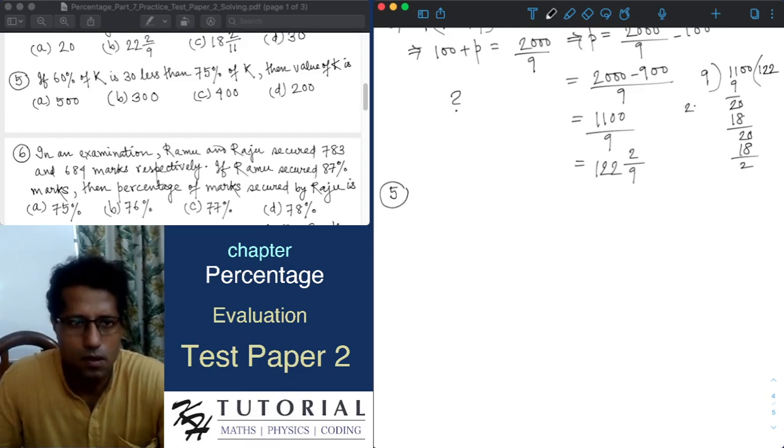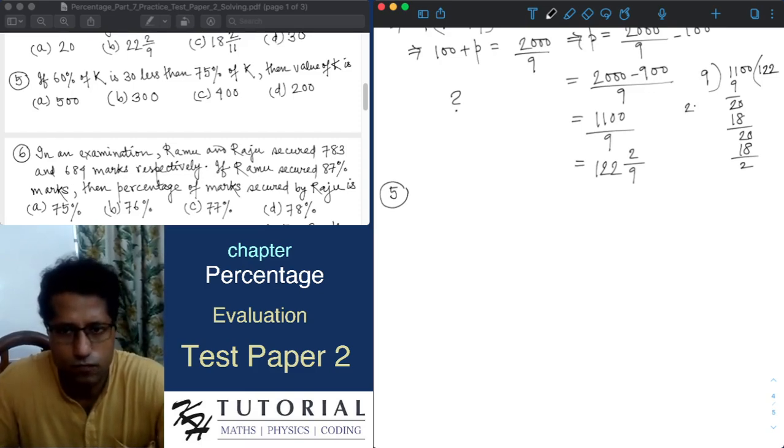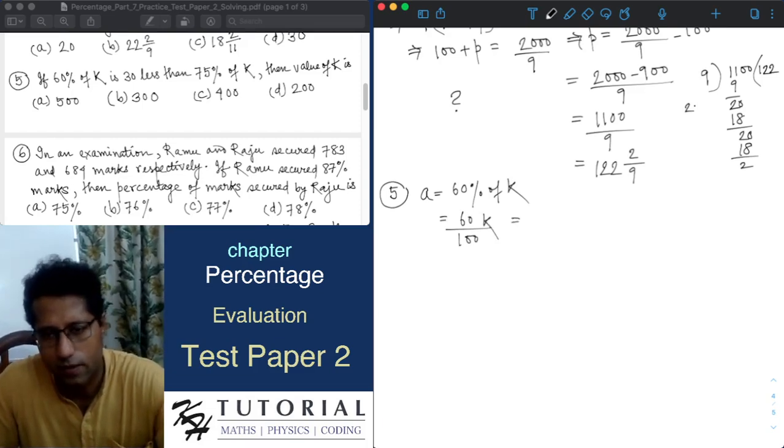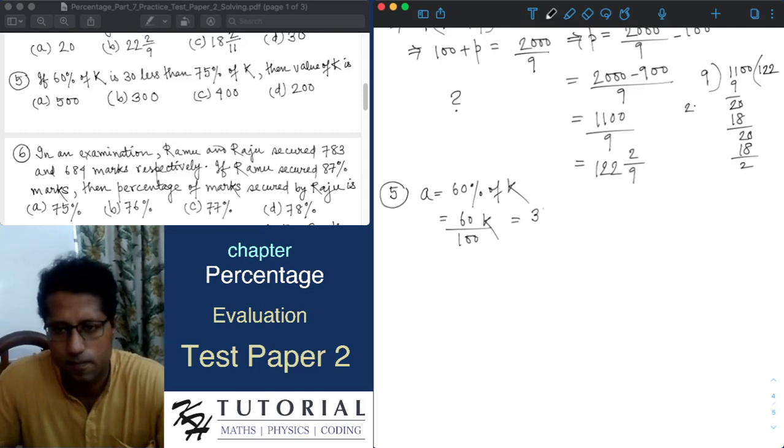Let a be equal to 60% of k. This is 60 by 100 multiplied by k. If you simplify it further, we have 3k by 5.